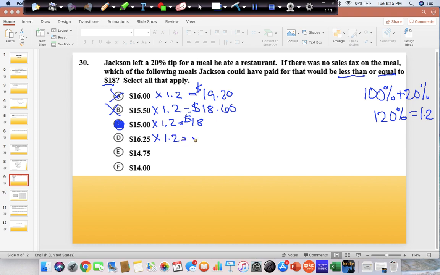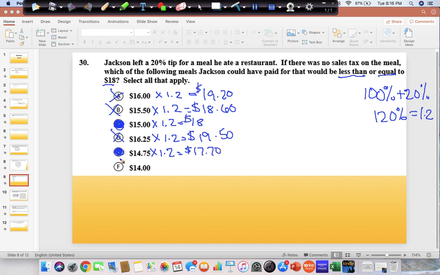Okay, so $16.25 times 1.2. That is $19.50, so that will not work. $14.75 is less than 15, so this is going to work, but we can double check it in our calculator. Times 1.2. This gives us $17.70, so that will work.